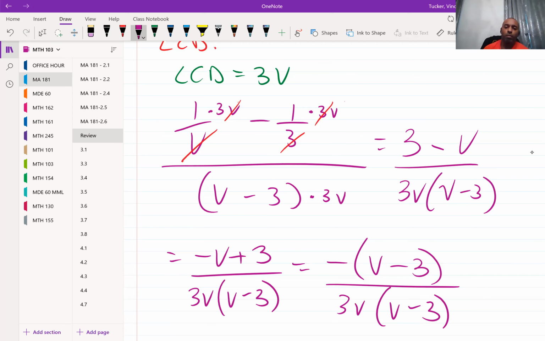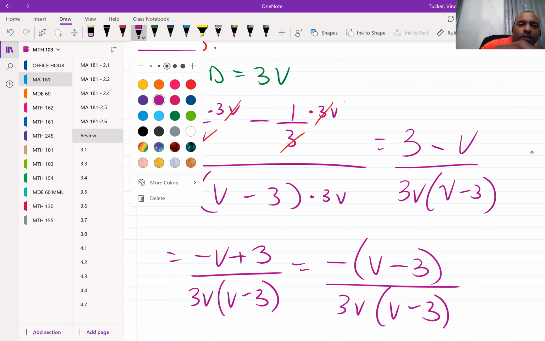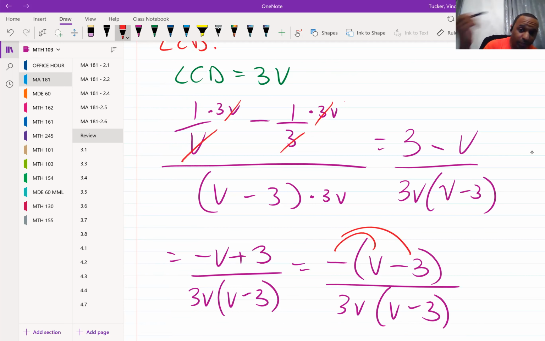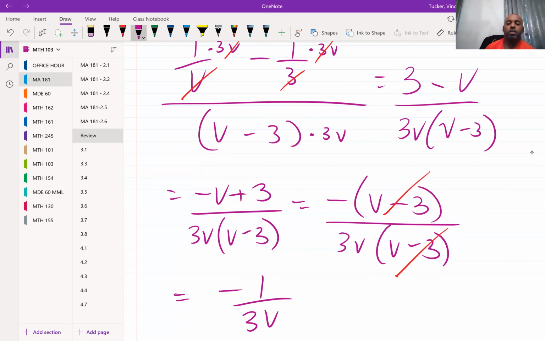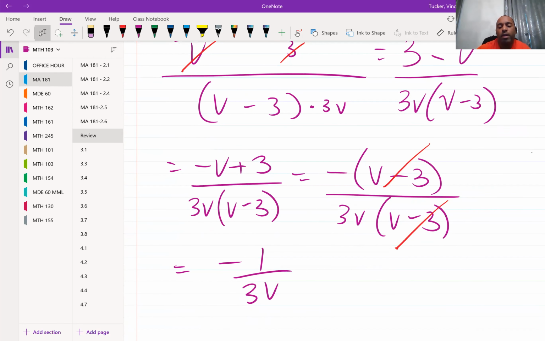If I were to distribute this negative back, that would give me back what I originally had, negative v plus 3. But I pulled the negative out so that I can now cancel out v minus 3. And now I have negative 1 over 3v, for a most simplified way of expressing that expression.